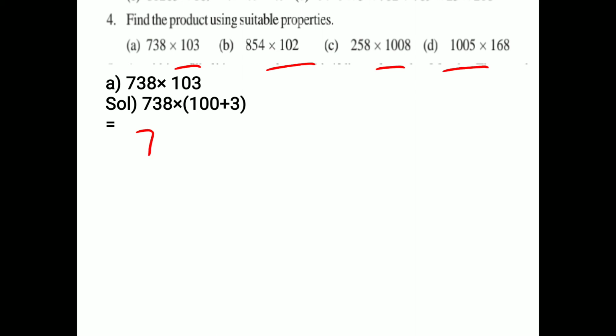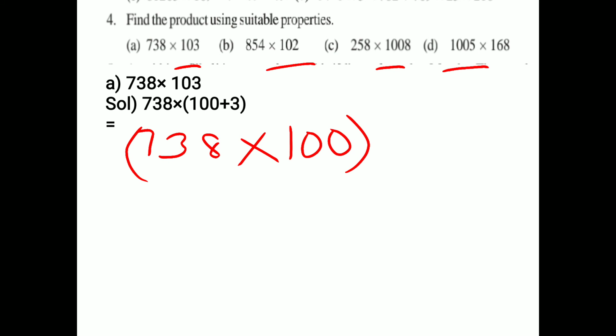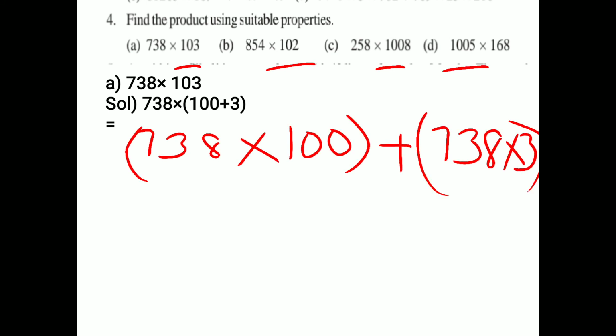Now what do I do? 738 I multiply with 100 and make a bracket, plus 738 I multiply by 3, put in another bracket. Now it is also the distributive property. Sometimes this thing is given, you have to write this thing.